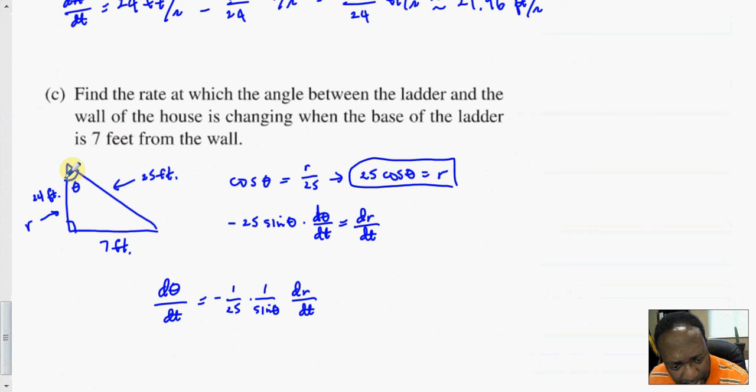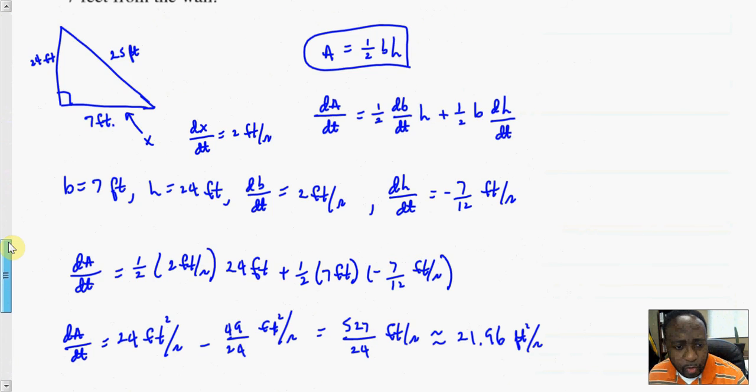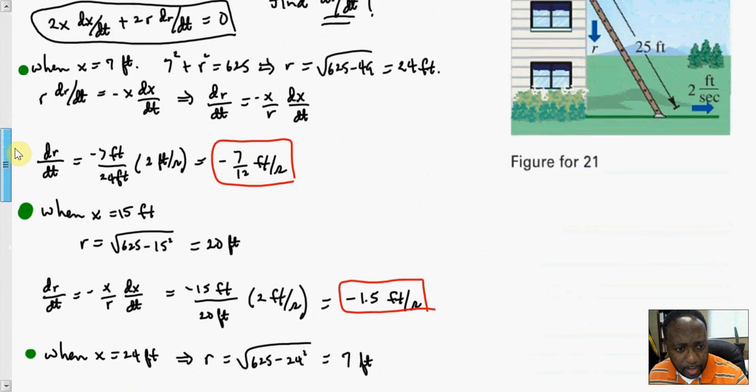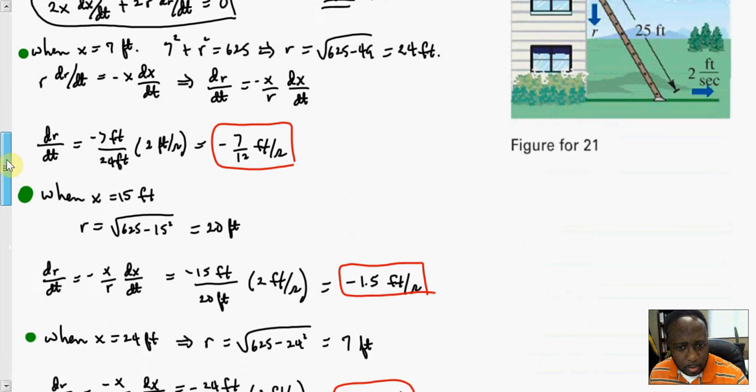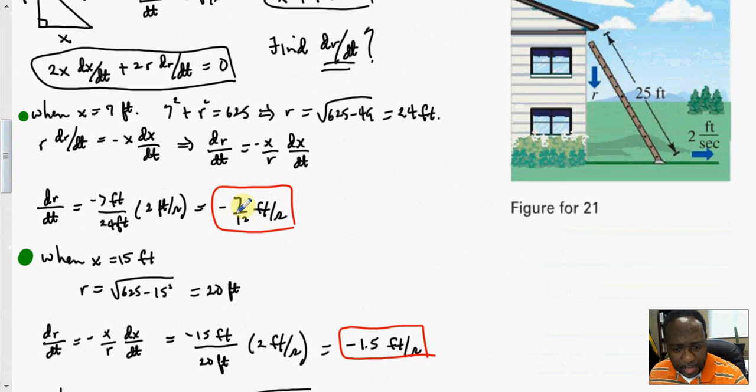Now sine theta here is the opposite over the hypotenuse. So you can calculate sine theta as being 7 over 25. And the dr over dt, we found that from the first part when x was equal to 7. That's negative 7 over 12 for dr over dt.